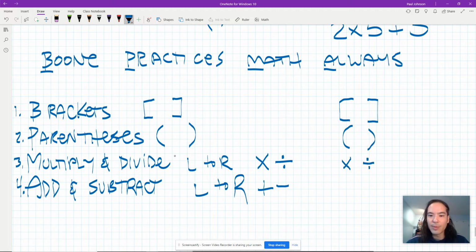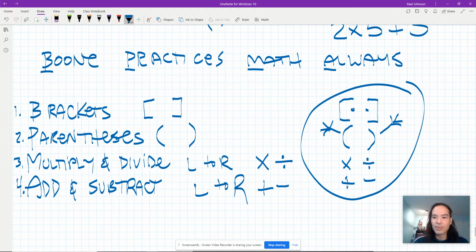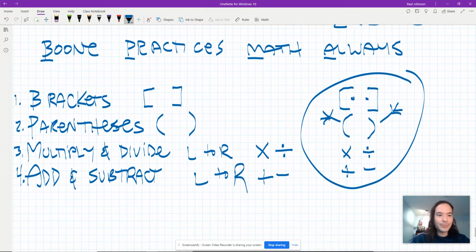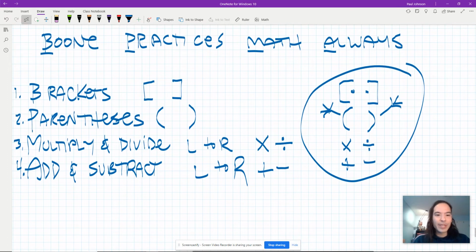If you have an imagination like I do, sometimes you just start seeing things that are not there. But it kind of looks like a little happy robot. So there's your order of operations in adorable illustration form. As long as you remember it, it doesn't matter, right? Okay, so brackets, parentheses, multiply, divide, add, subtract. We need to work BPMA through everything that we do today.